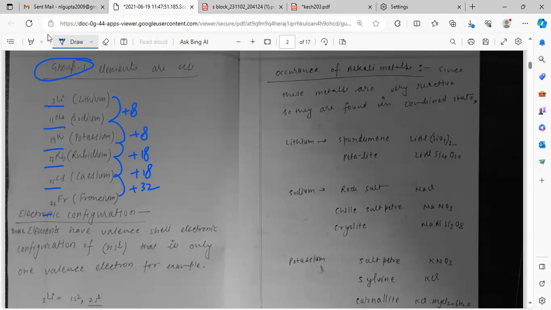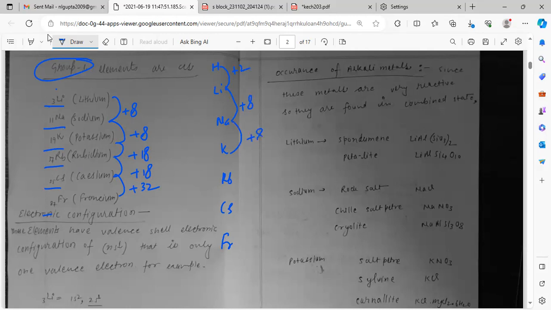These are called magic numbers. The first period has 2 elements, so we add 2. The second period has 8 elements, so we add 8.